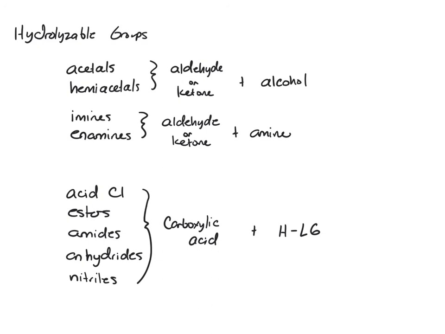So those are all of your hydrolyzable groups. Right, so don't get that confused. So these hydrolyze to give aldehydes and ketones, but aldehydes and ketones themselves are not hydrolyzable. Those don't hydrolyze into anything.